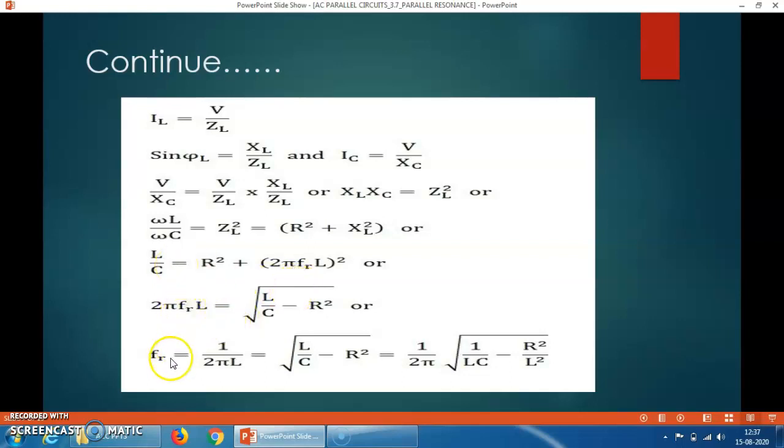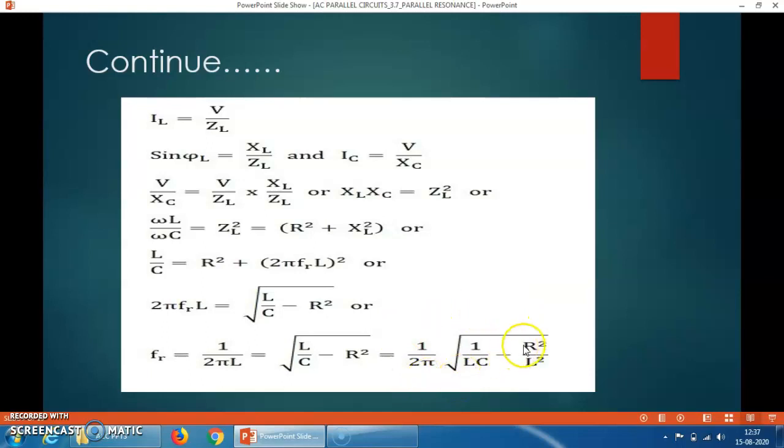So FR is equal to 1 upon 2 pi L root of L by C minus R square. Our equation will be: the resonant frequency is 1 upon 2 pi root of 1 upon LC minus R square upon L square.